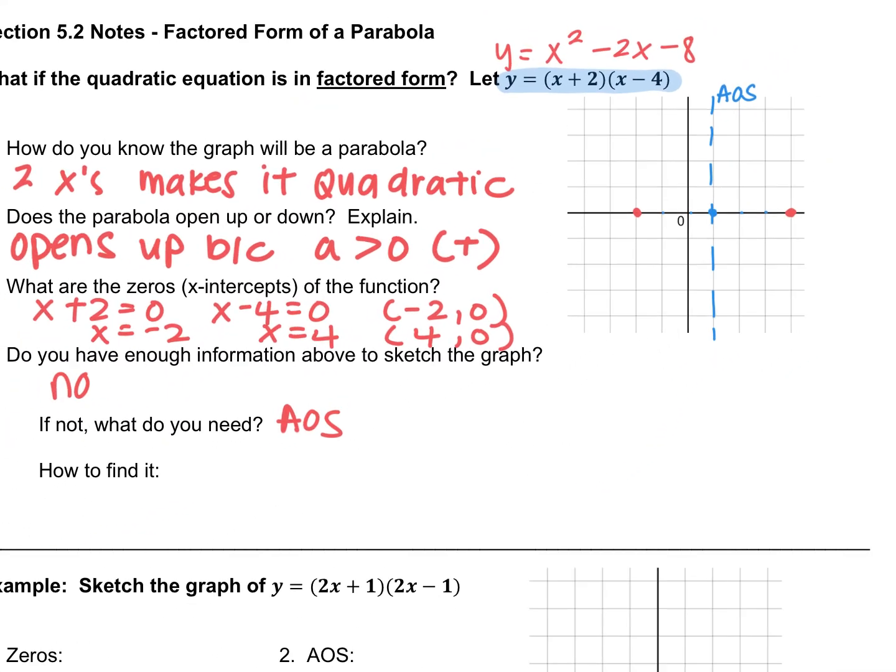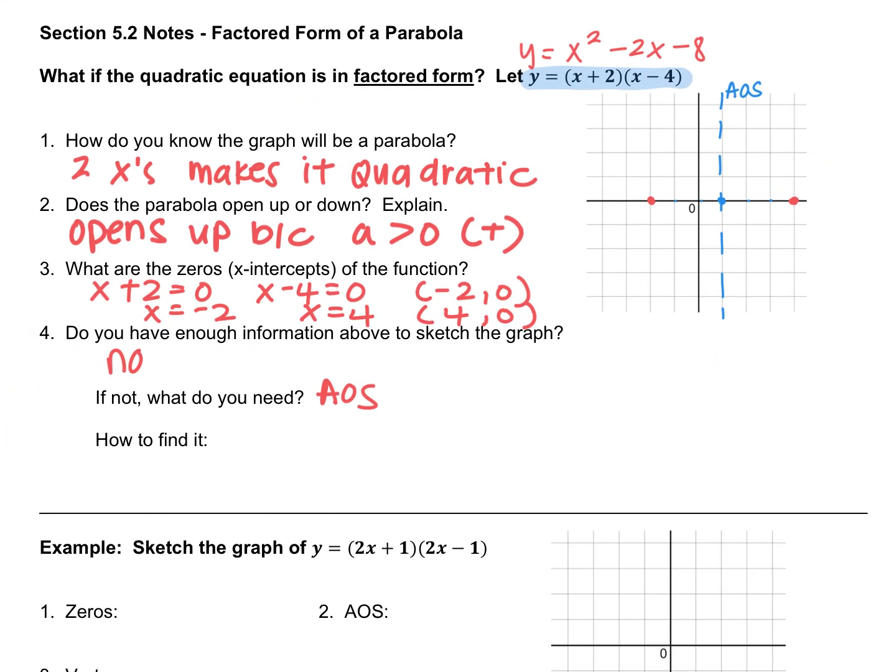If I didn't have a graph, what would I do to find the axis of symmetry? What formula? Negative b over 2a. And so for that, I need it to be in this form. Negative b, thank you, yes.